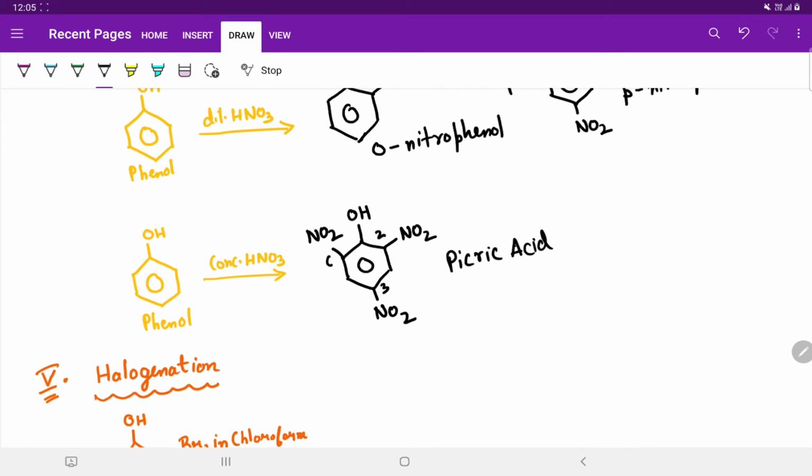So this is 2,4,6-trinitrophenol, also known as picric acid.